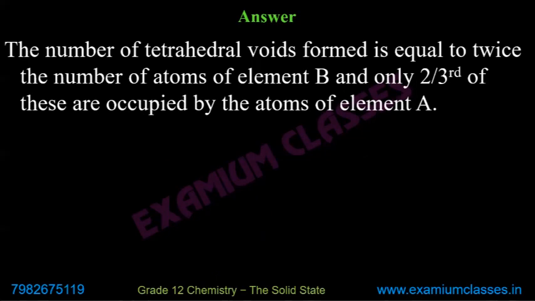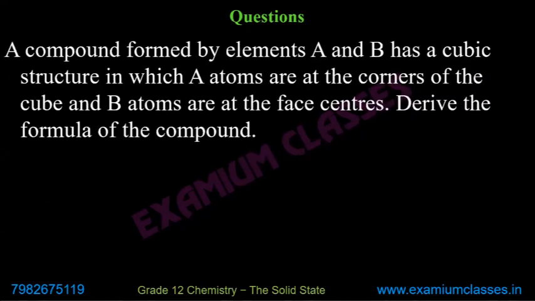Next, a compound formed by elements A and B has a cubic structure in which A atoms are at the corners of the cube and B atoms are at the faces.